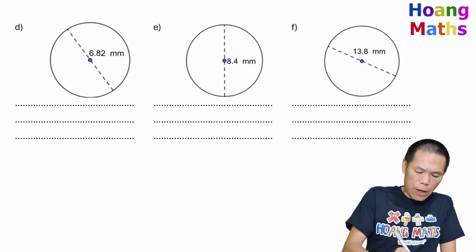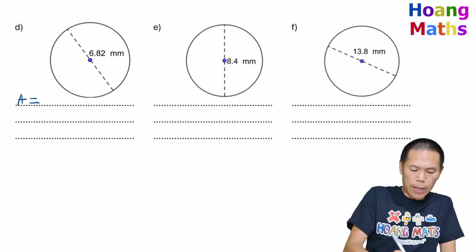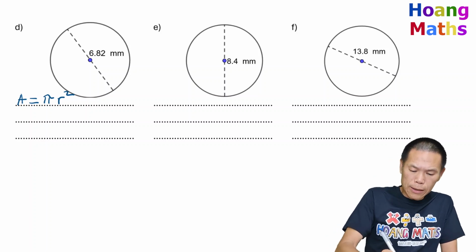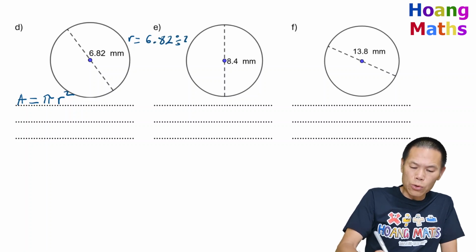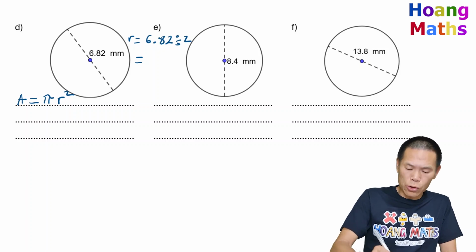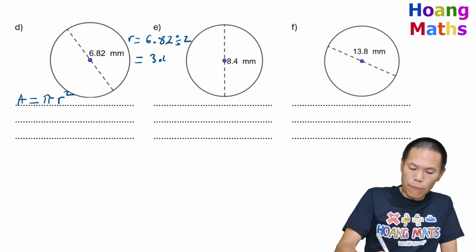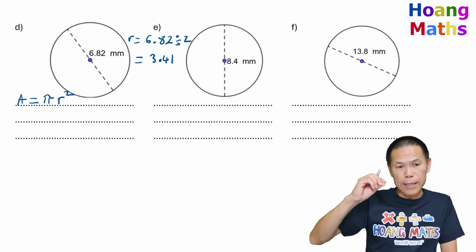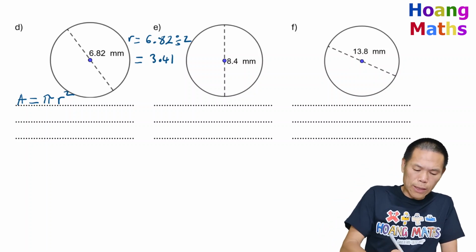So we know that area is pi r squared. And in this case, the radius r is 6.82 divided by 2. So if you put it in a calculator, you should get 3.41, right? Half of the diameter is the radius. So let me just write this down.